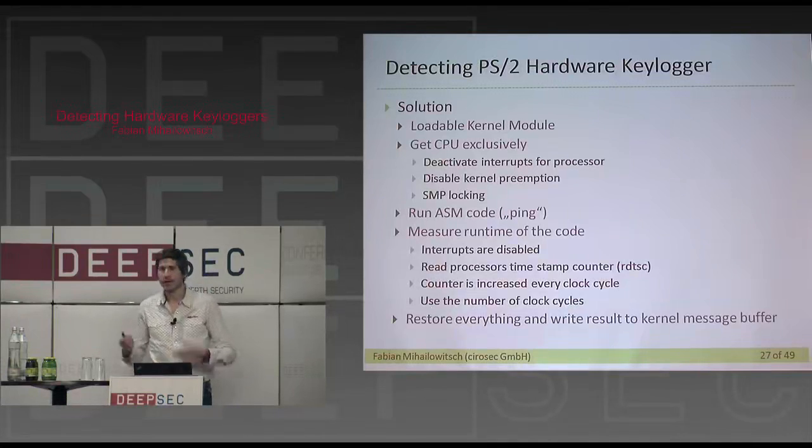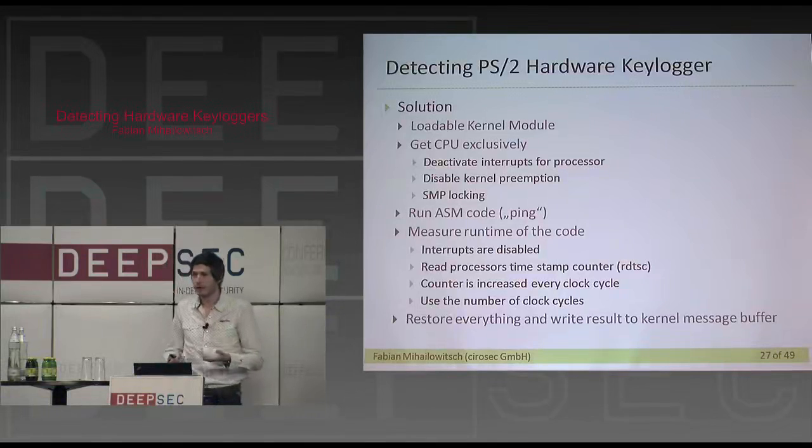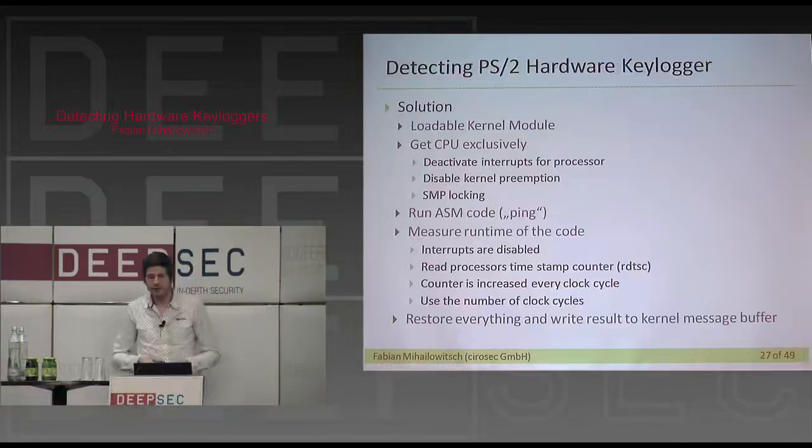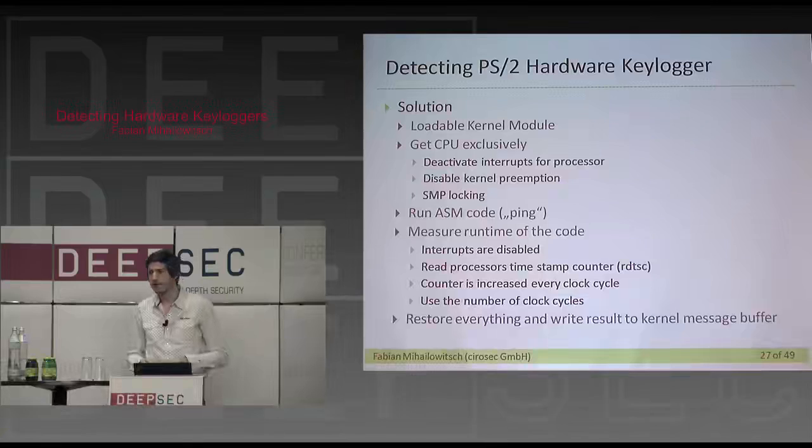If we want to, we can calculate the time from the number of clock cycles based on our CPU, but we don't need it. We can just work with the clock cycles. It can't get more accurate, so I just used that one. After my measurement, I write the result to the kernel message buffer so I can retrieve it from user land, and just restore everything, and we are fine.